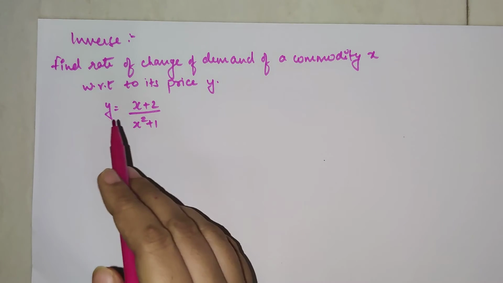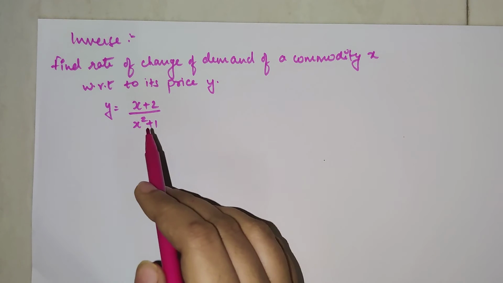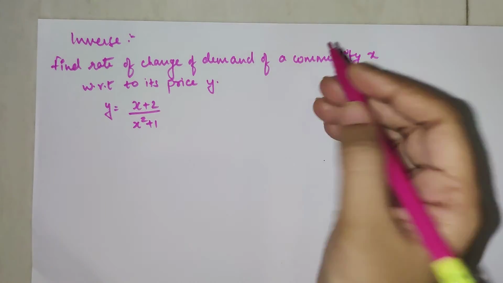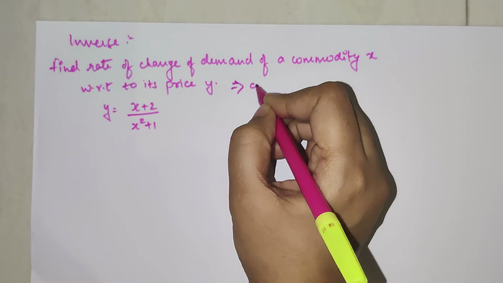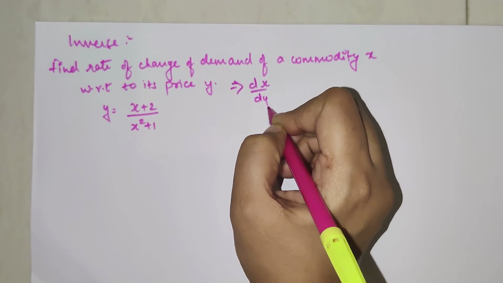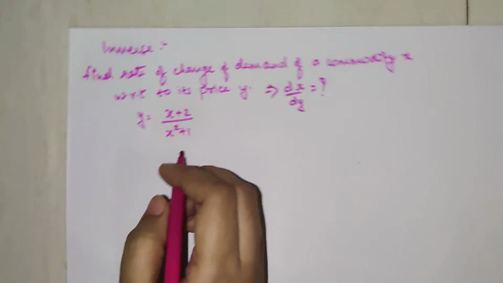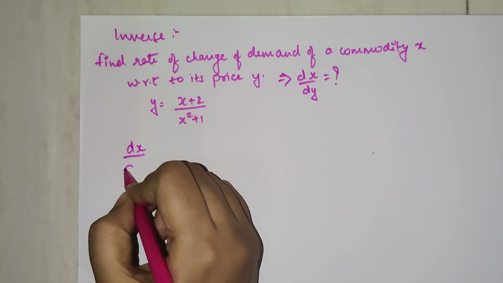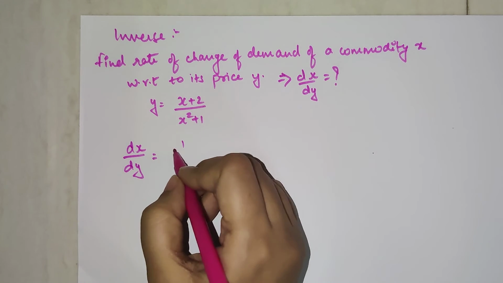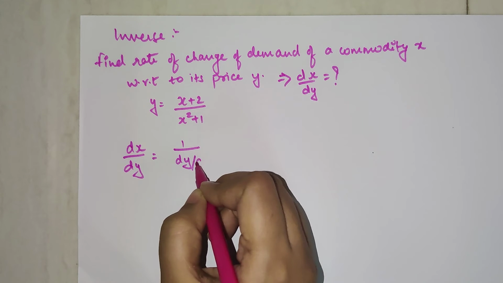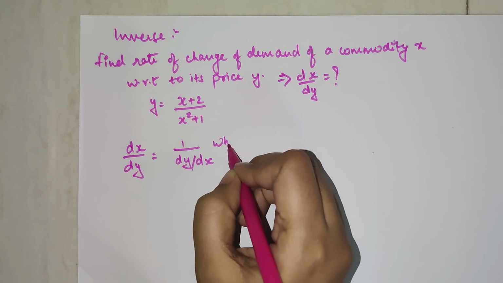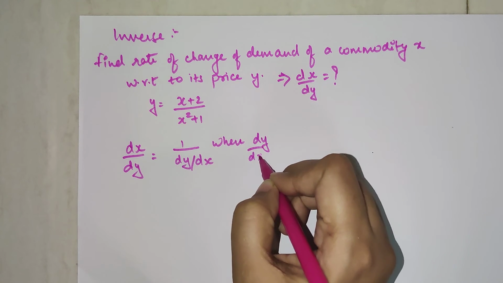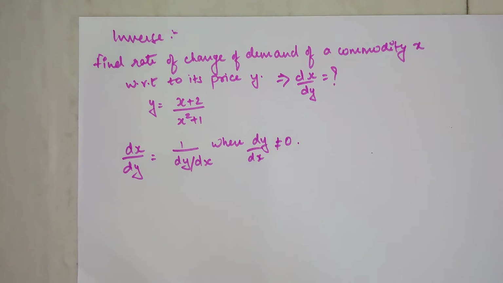Now understand, y is given in terms of x. It is not the other way around, that x is given in terms of y, but the question is asking you to find dx by dy is equals to question mark. So here we can say that dx by dy is nothing but 1 upon dy by dx, where dy by dx is not equal to 0.